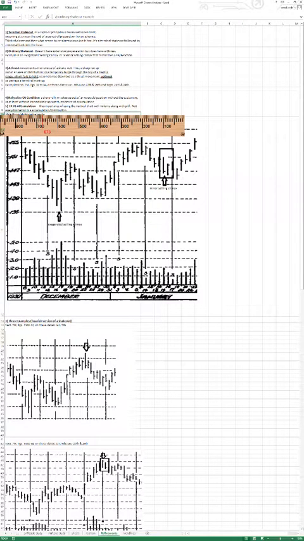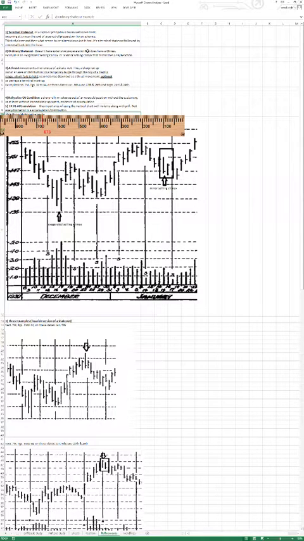So anyway, let's go over the first one, the terminal shakeout. I don't want to go through too many examples of this, but basically you've got a base, it goes down, then it goes right back in the base, and then markup ensues. You want to see an example, take a look at election night with Donald Trump.